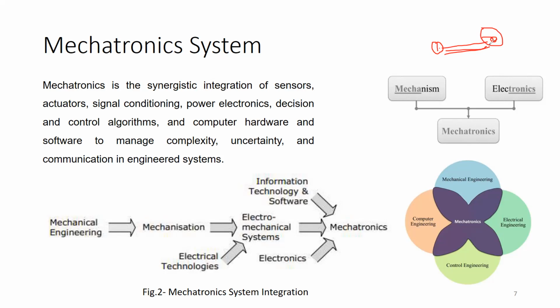Another example could be, now I have made my electromechanical system, but I don't know if there is some error occurring or not. You have told your system that you want to move 10 meters of distance.